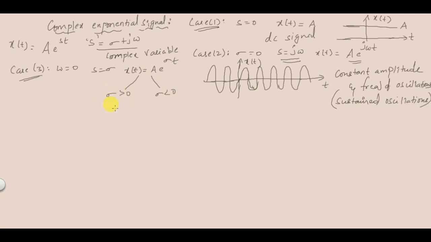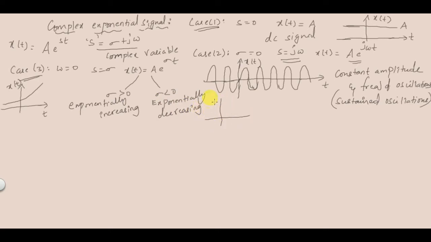When sigma is greater than 0, we'll call it as exponentially increasing function. And the graph for this I have drawn in the previous case also. So it will be like this, exponentially increasing function. This is x of t versus t. And for sigma less than 0, it will be exponentially decreasing function.